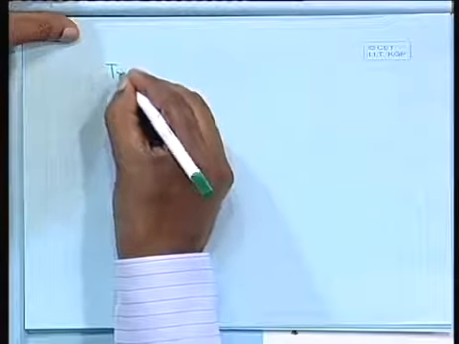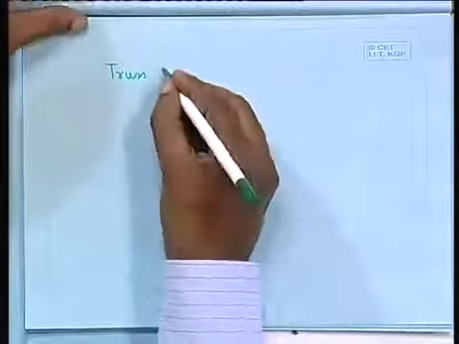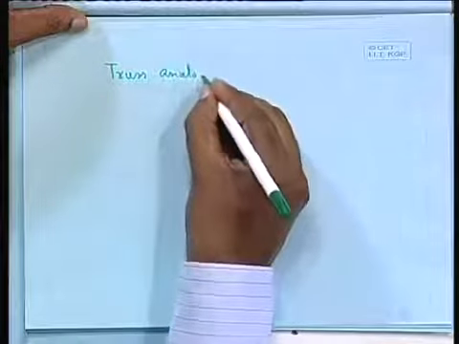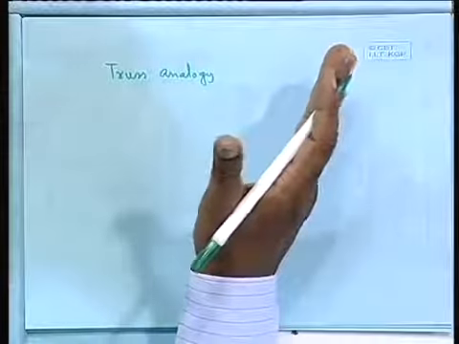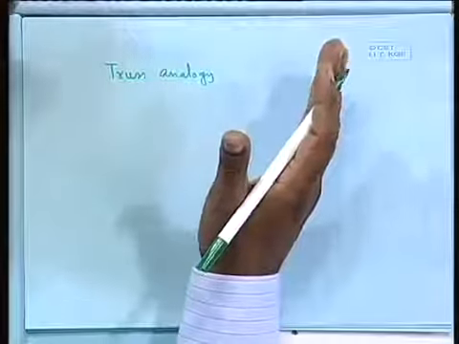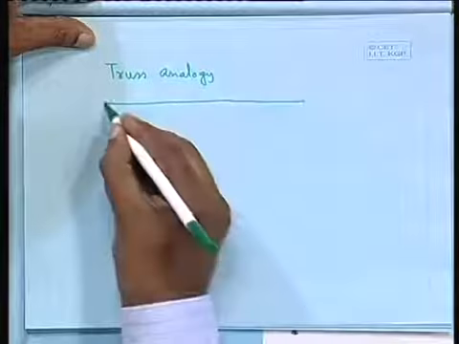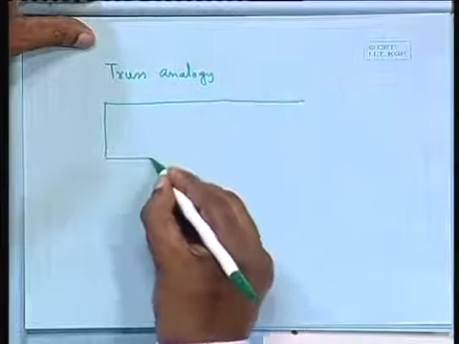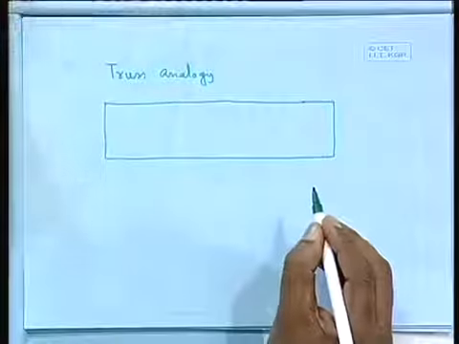Now let us come to a few things here. Generally we call it, as I said, truss analogy. From the beginning of design, we call it truss analogy. The shear whatever we are taking care of, that means the stirrups whatever you are providing, is as if analogous to a truss. So how it comes, let us find out. A truss is generally made of steel bars, steel sections.